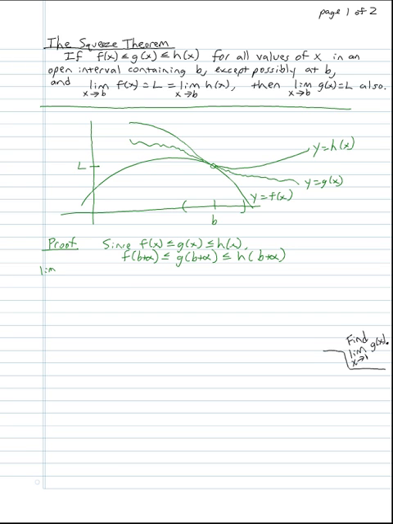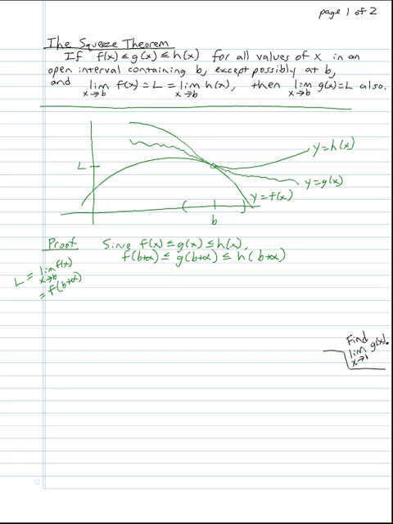But here's something we know. We know that the limit as x goes to b of f of x is equal to L, right? But how do we find the limit as x goes to b of f of x? We find f of b plus alpha. If f of b plus alpha gives you the same value for every infinitesimal, then that's our limit.